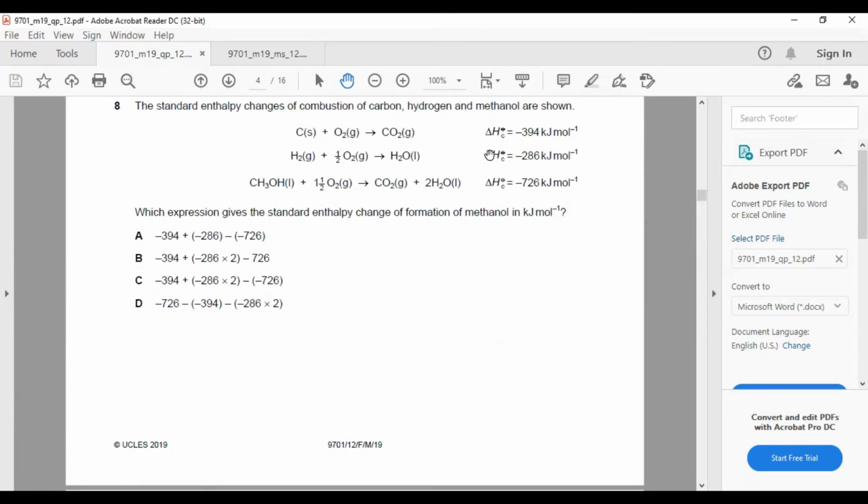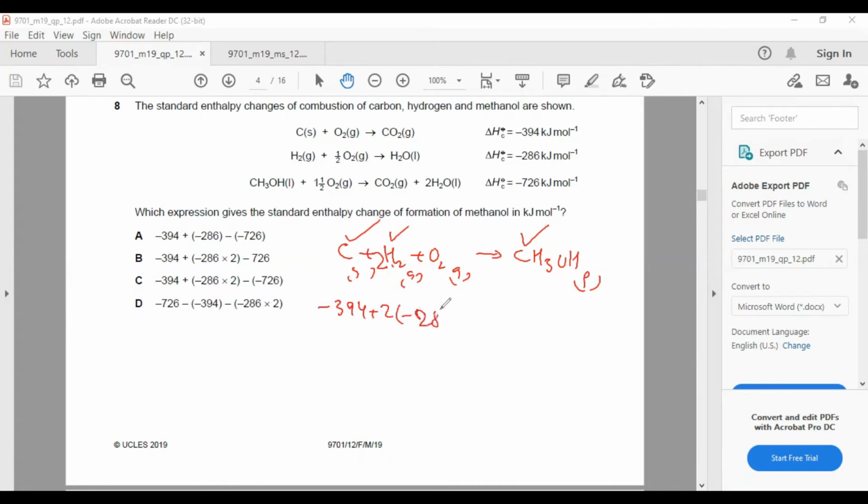This is combustion of methanol, and they ask for formation. First, you make the equation for the formation. Methanol is CH3OH: C plus hydrogen plus oxygen gives methanol. You are given combustion of each. Combustion of oxygen is 0. For carbon, for balancing, we need 2: minus 394. Plus for hydrogen, 2 into minus 286.